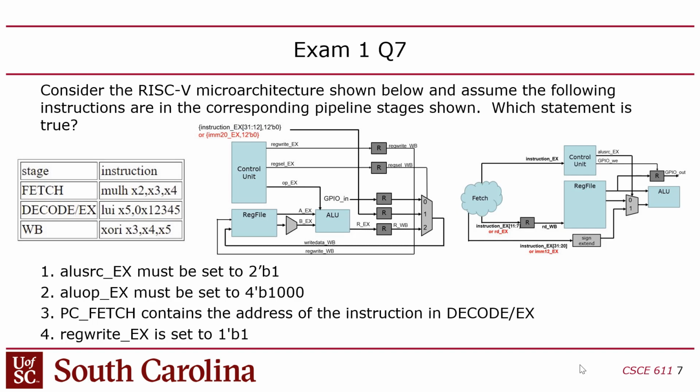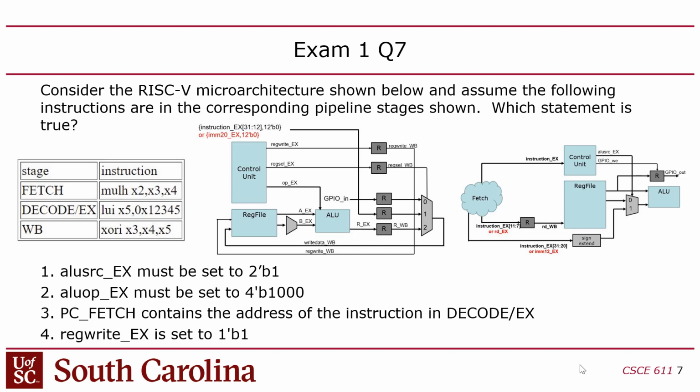Now, technically though, the ALU source could be a don't care, right? Because the LUI doesn't use the ALU, and we don't use the result from the ALU because it gets blocked by this mux. But it must be set to 0 is wrong.